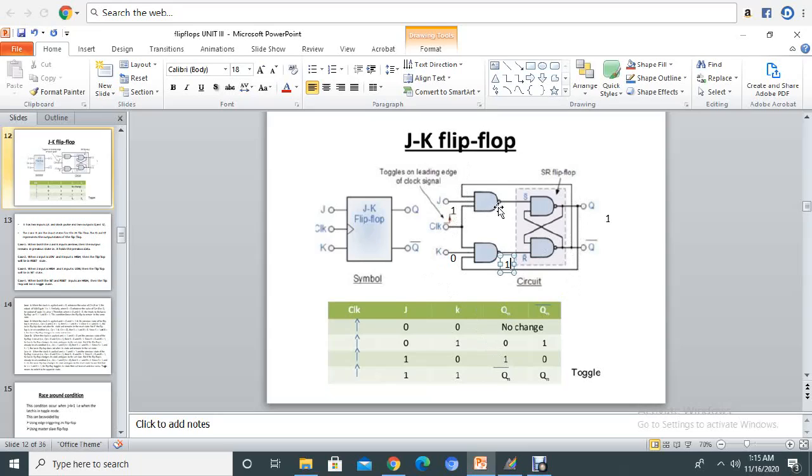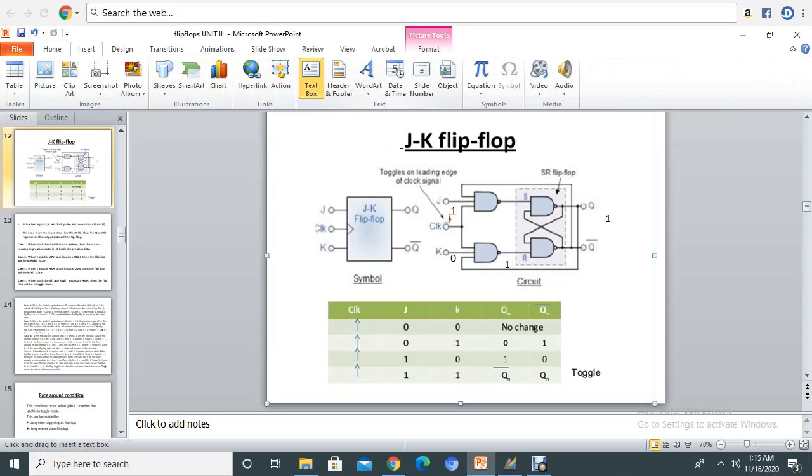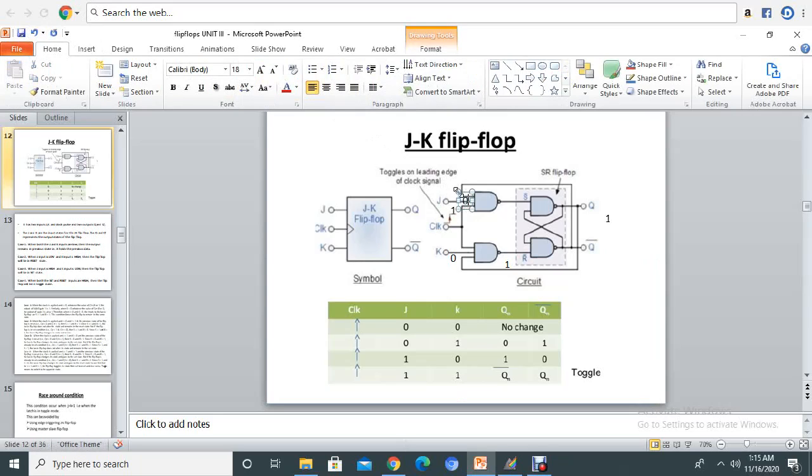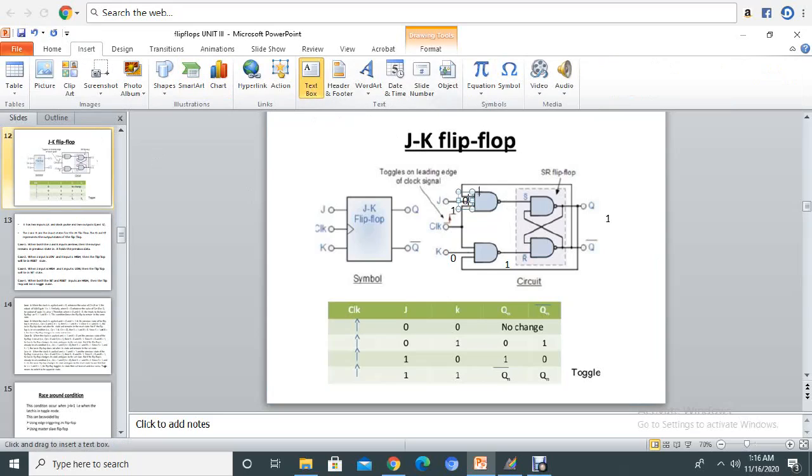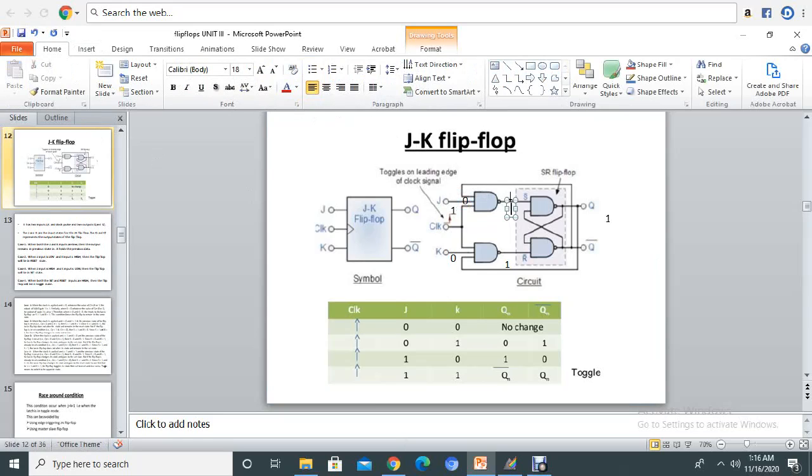So first input we have 0. Okay. So one of the input is 0. So the output will be here Q is 1. So Q bar is 0.